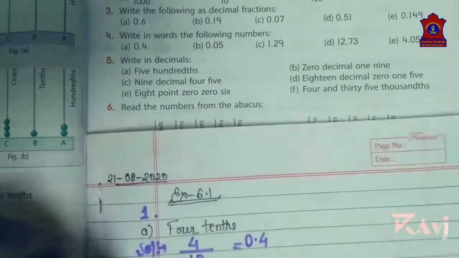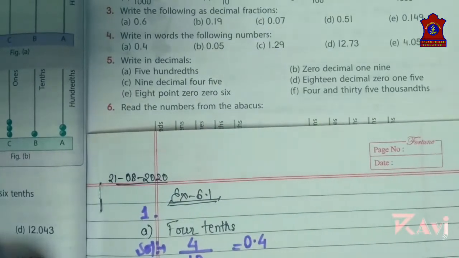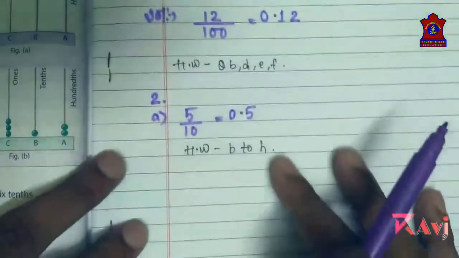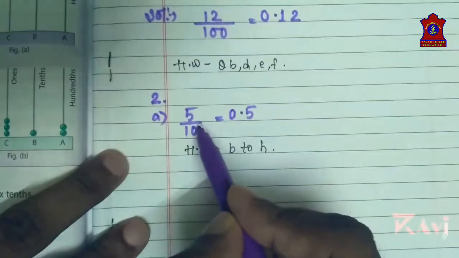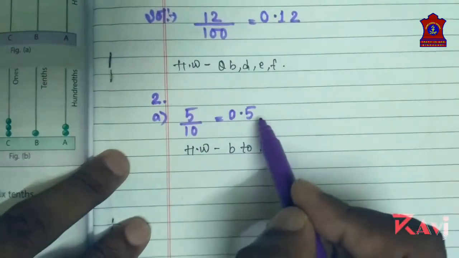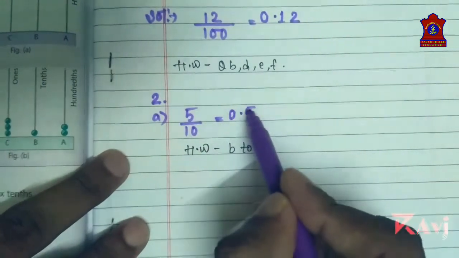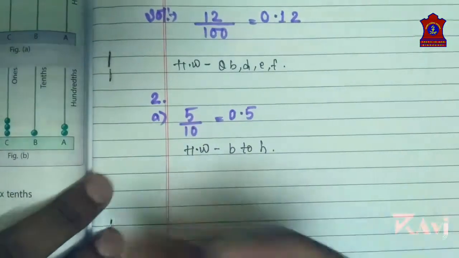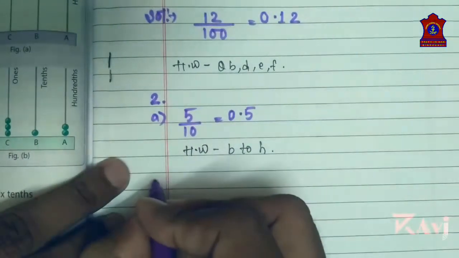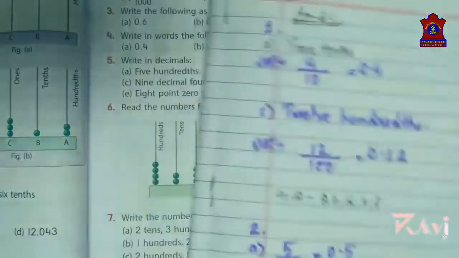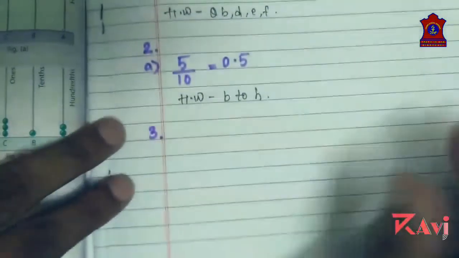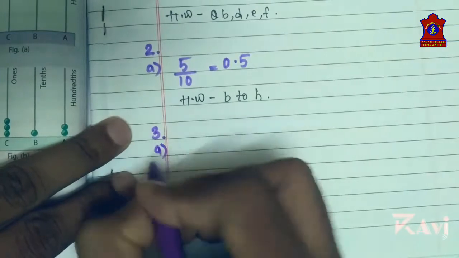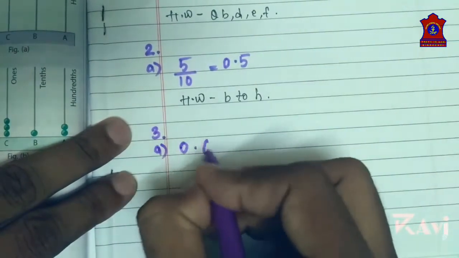Write the following as decimal fractions. See here, we changed from fraction to decimal. Now it is asking to change from this form to the previous form. It's very simple. See, A is 0.6.